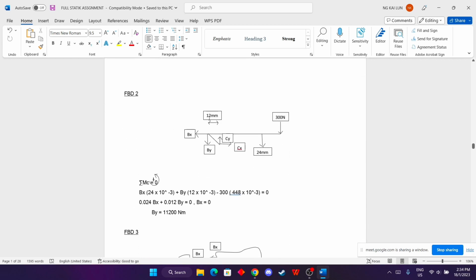So FBD2, to find BY we take the moment at C. We have forces BX, BY and 300 Newton.